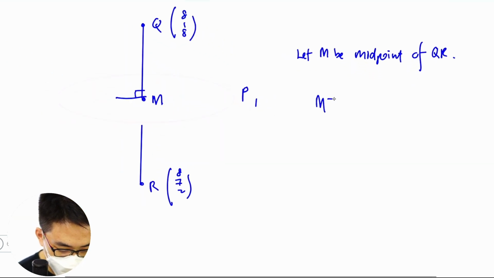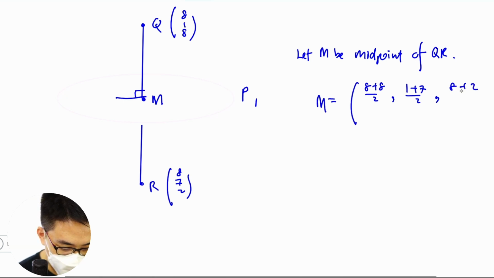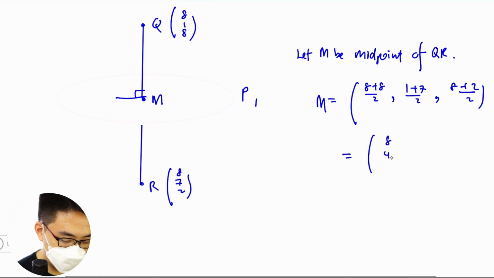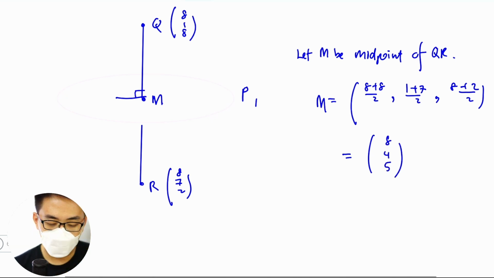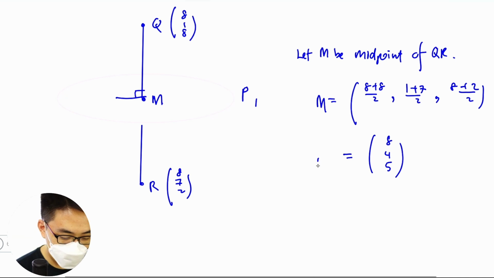So M will just be ((8+8)/2, (1+7)/2, (8+2)/2). It's just the midpoint theorem. So this will be (8, 4, 5). That's the midpoint.